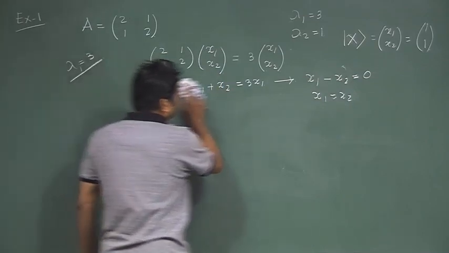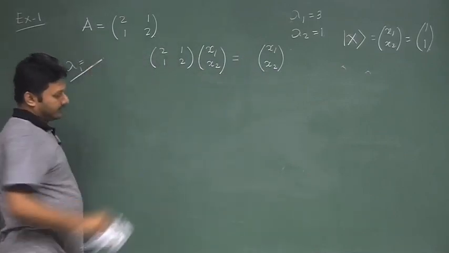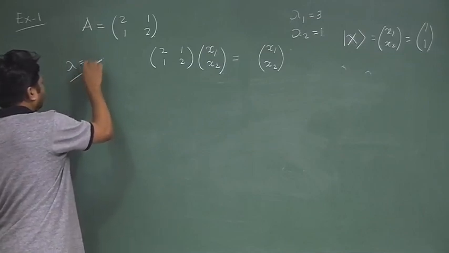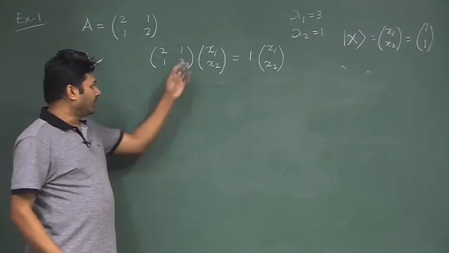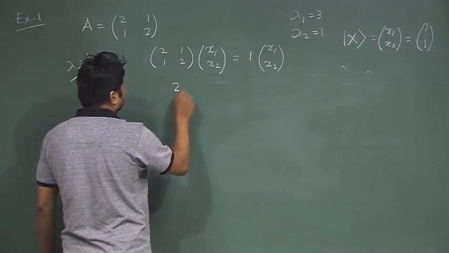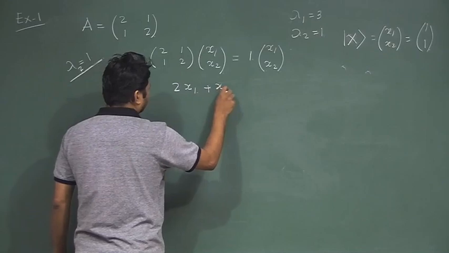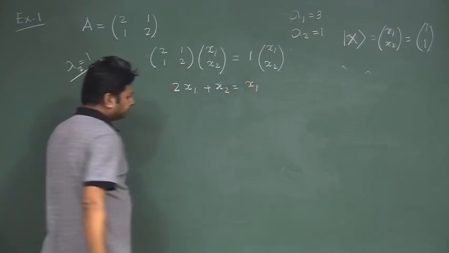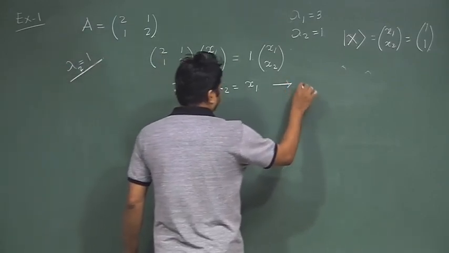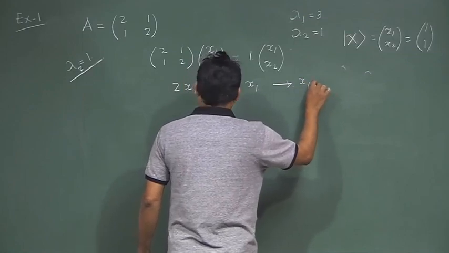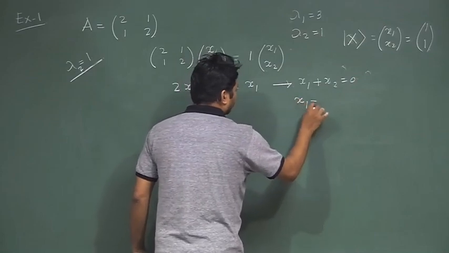Now I will do the same thing for eigenvalue 1, because there are 2 eigenvalues. The second eigenvalue is 1, so I put 1 here. If I do that, I find 2 x1 plus x2 is equal to x1. From this I get the relation x1 plus x2 is equal to 0, or x1 is equal to minus x2.